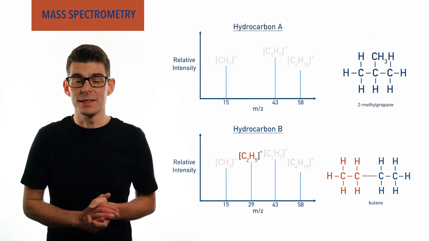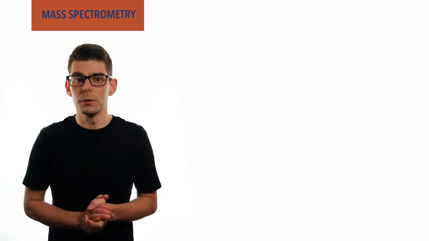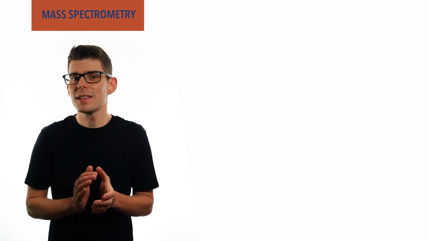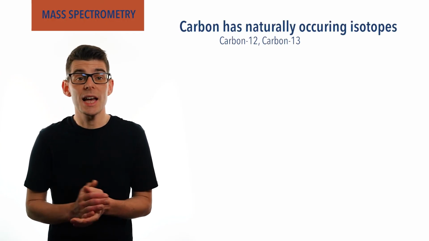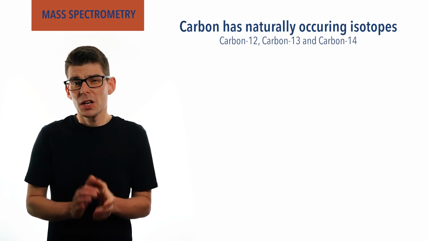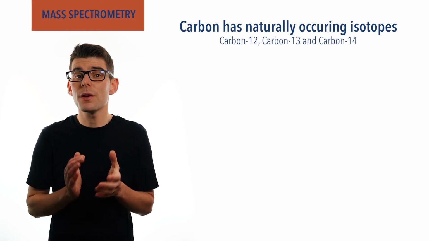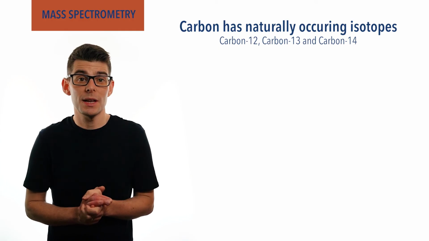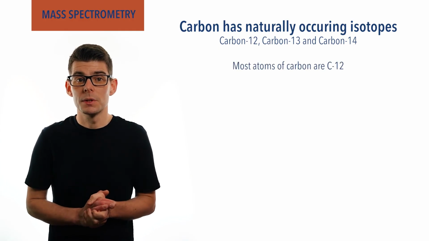This explains why the spectra for B has this extra fragment ion peak compared to the spectra for A that doesn't. An interesting feature of mass spectrometry for organic compounds is the fact that carbon has naturally occurring isotopes of carbon-12, carbon-13, and carbon-14. Carbon-12 is by far the most common isotope, meaning the vast majority of carbon atoms in organic compounds are carbon-12 isotopes.